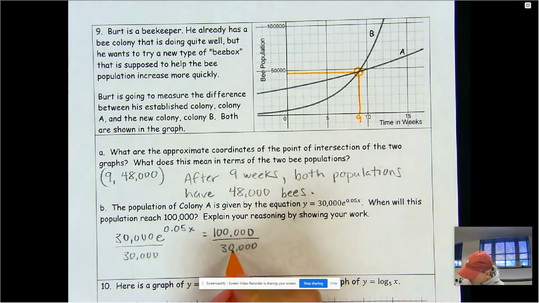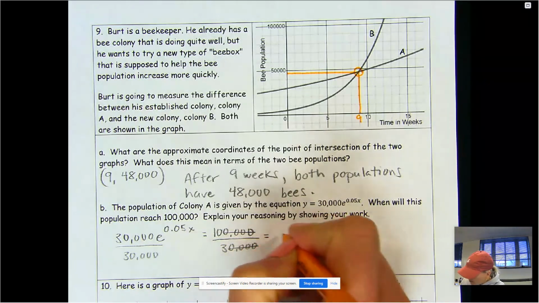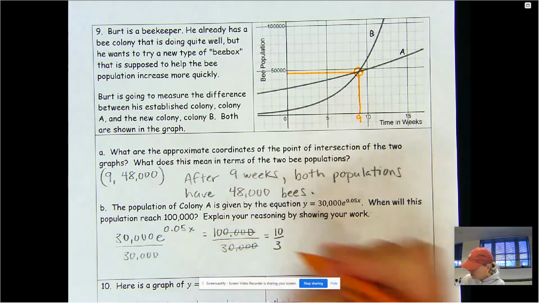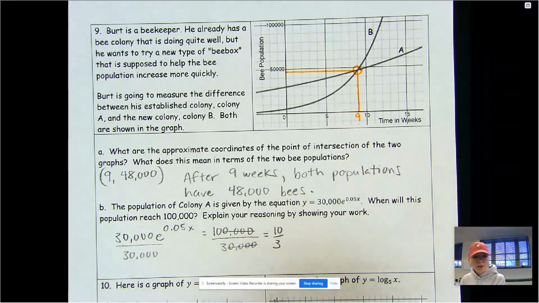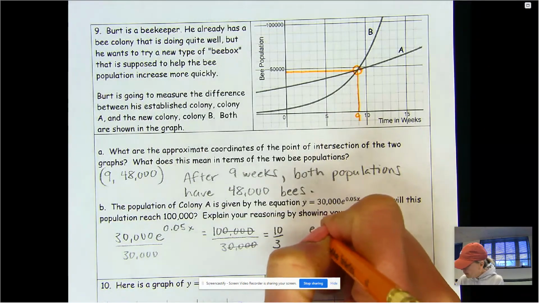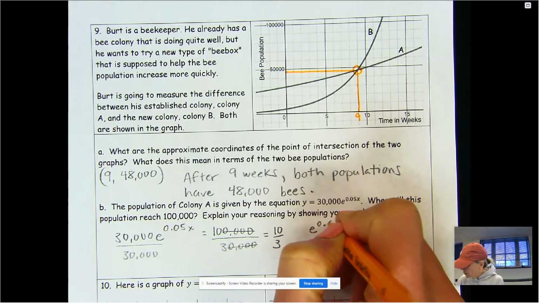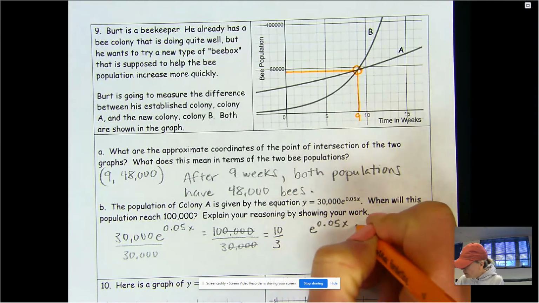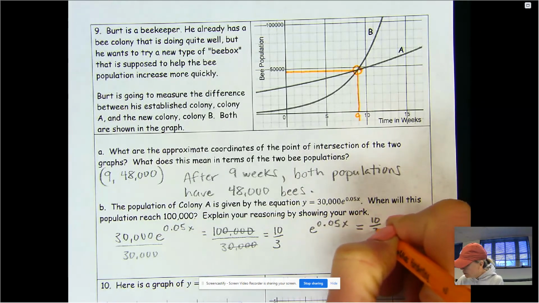So let's see, 1, 2, 3, 4, and 1, 2, 3, 4. This is just 10/3. Okay, so now I know e to the 0.05x is equal to 10/3.